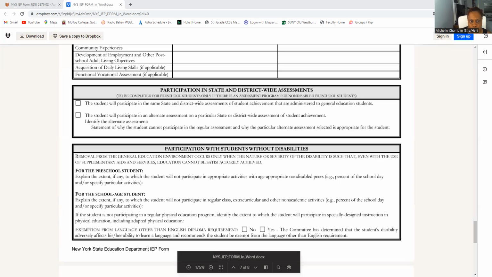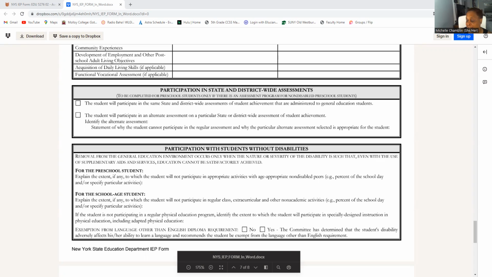So with her annual goals, there is reading, writing, math, social, emotional, her motor skills. And her motor skills would be the related services and why she needs the related services, and social, emotional, behavioral.